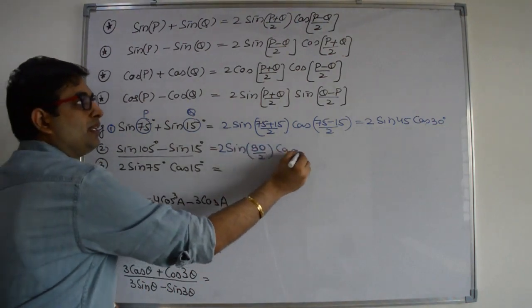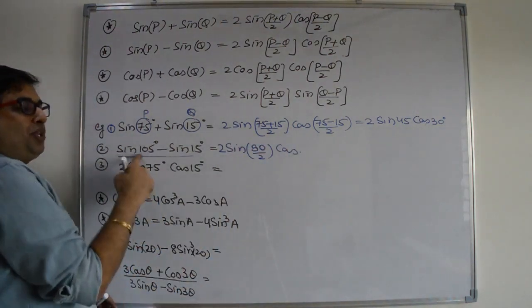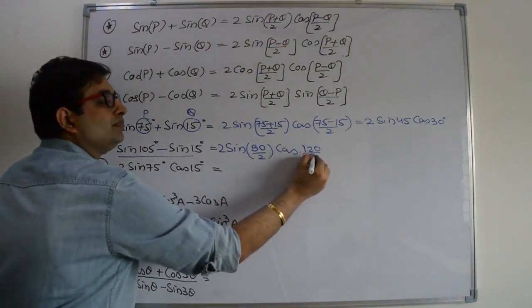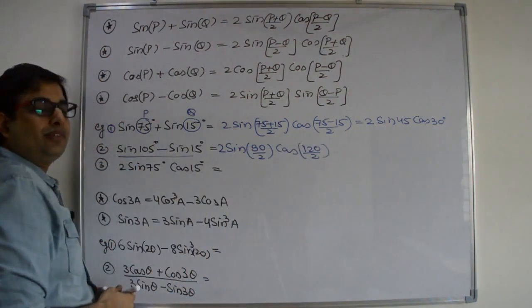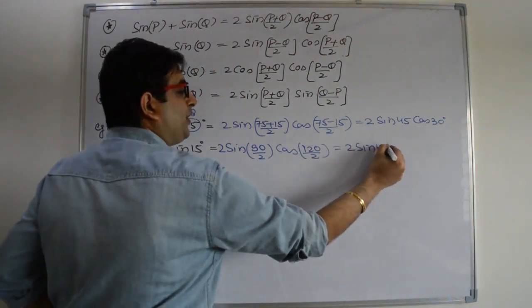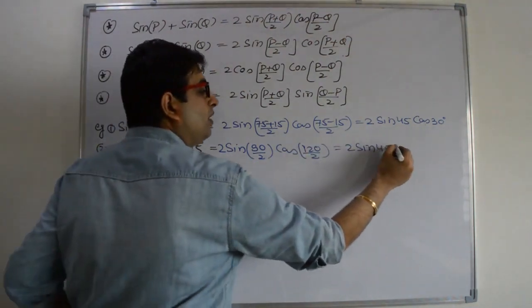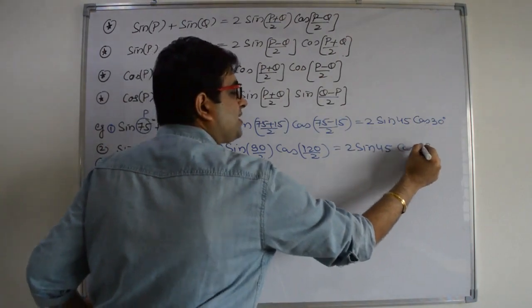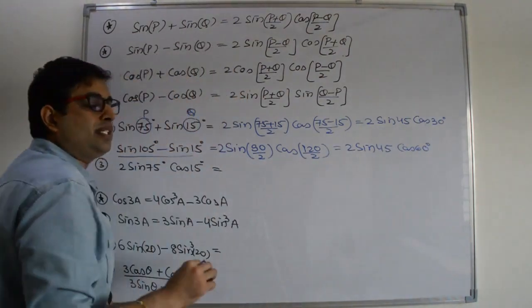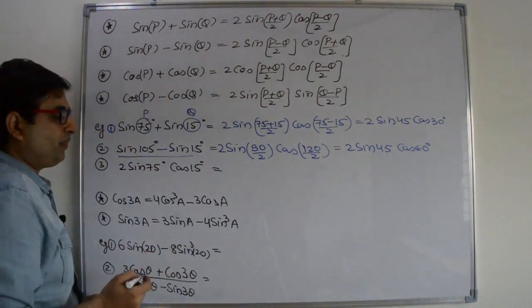Into cos (P plus Q), that is 120 divided by 2. Right? So you will get 2 sin 45 cos 60. Now you can put the value of sin 45 and cos 60 and you can calculate the result.